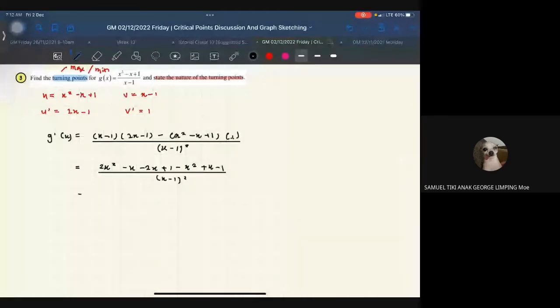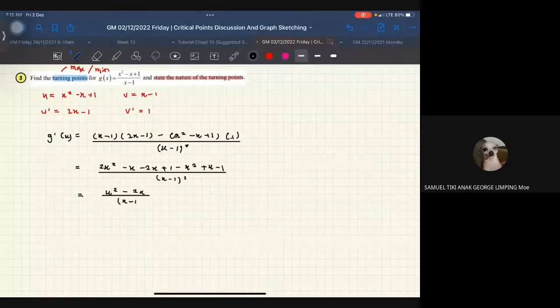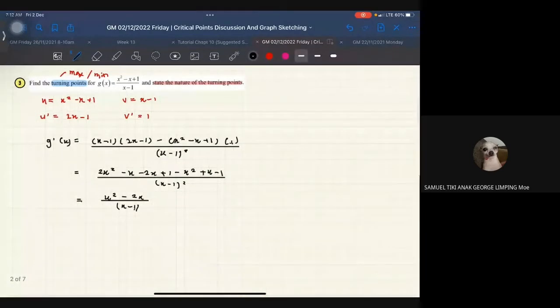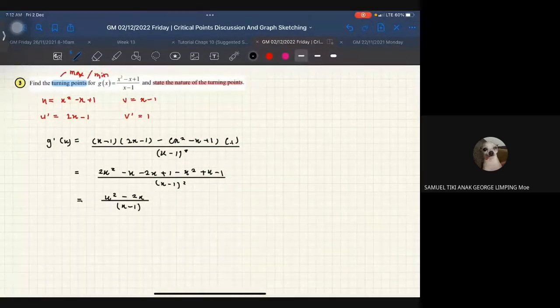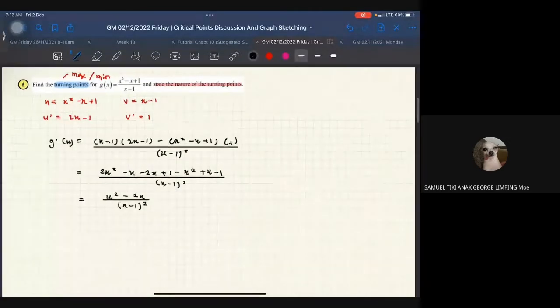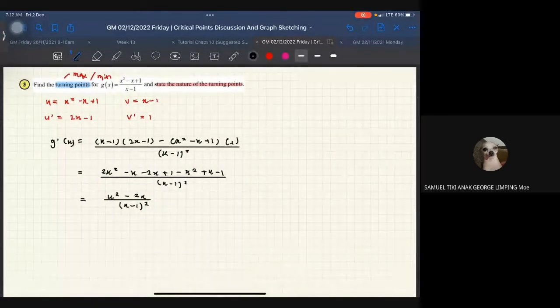Okay, so simplify some more. I will get x square minus 2x over x minus 1 square. Settle. Okay, so kita dah settle bahagian first derivative, dah dapat yang paling simplified punya answer.